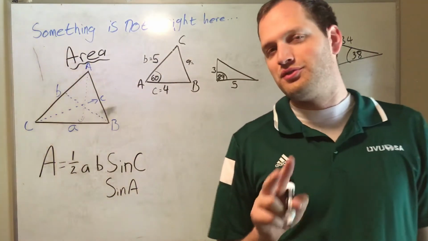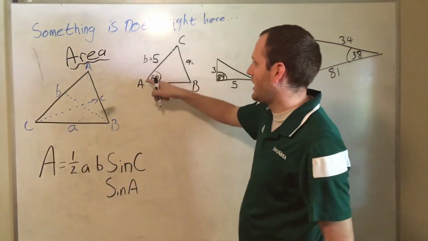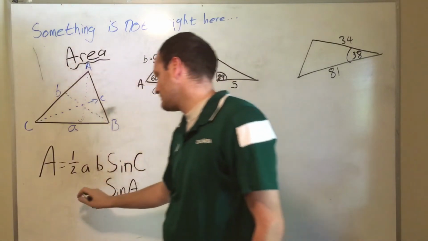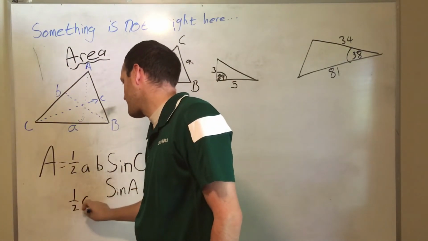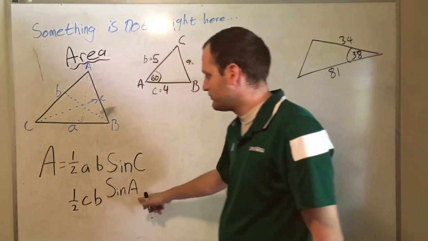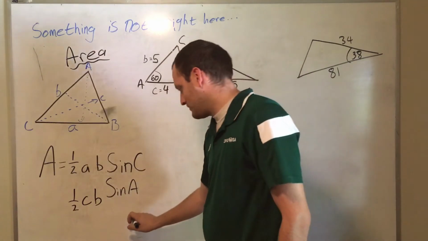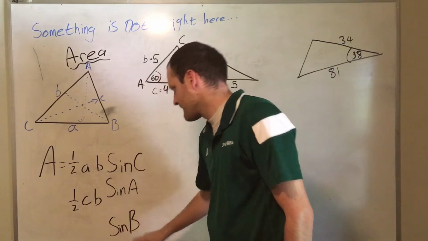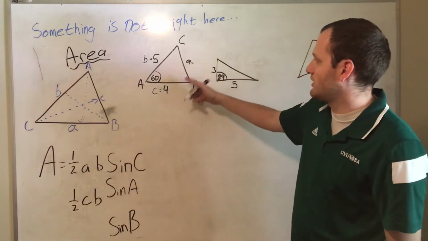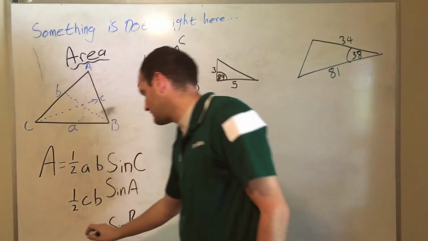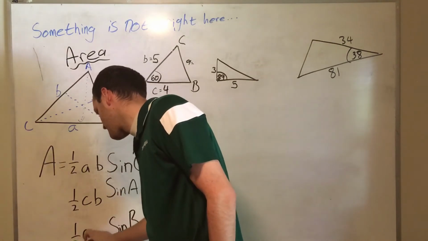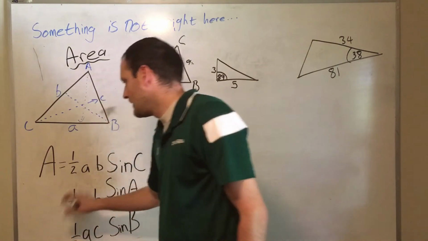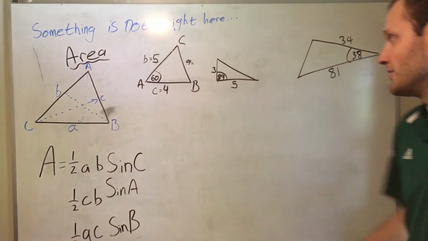Well, it's going to be the two sides next to it, in this case, side B and side C. So that's also a valid formula. Again, if I wanted to use angle B, what are the two sides right next to angle B? It's A and C. Okay. Any of those three formulas would work.